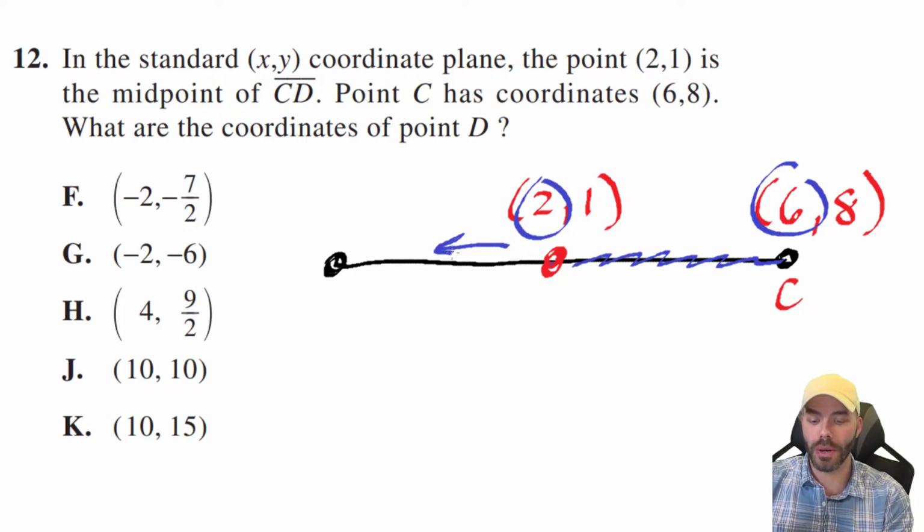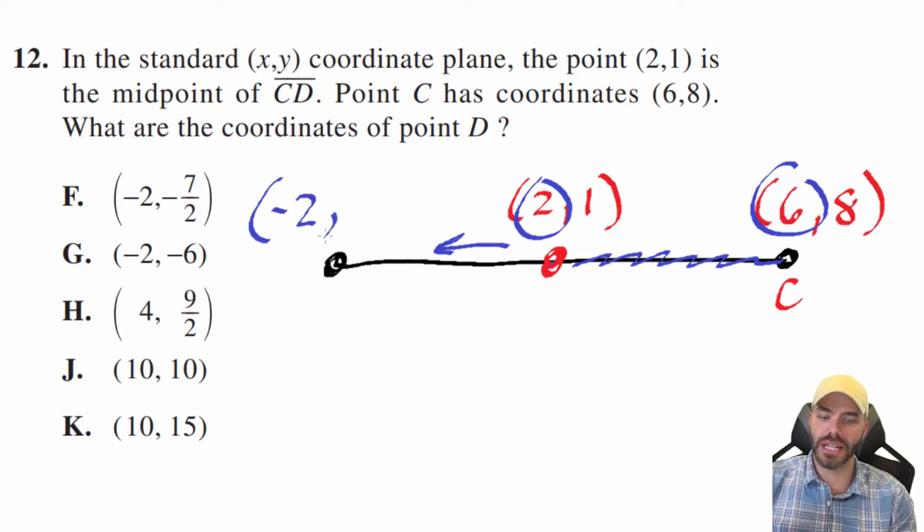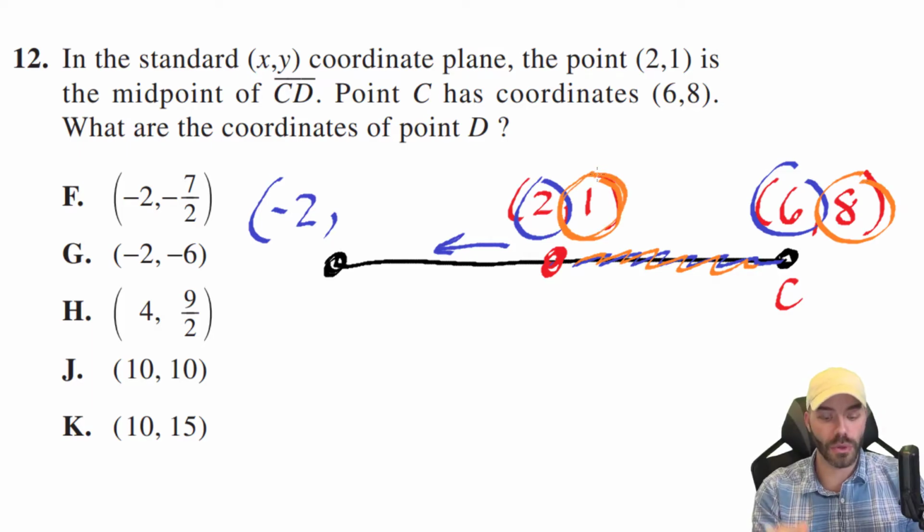So what's 2 minus 4? -2. Now do the same thing for the Y values. The Y value is 1. To get from 1 to 8, you add 7. So we need to go in the opposite direction. We're going to take 1 and subtract 7. -6.